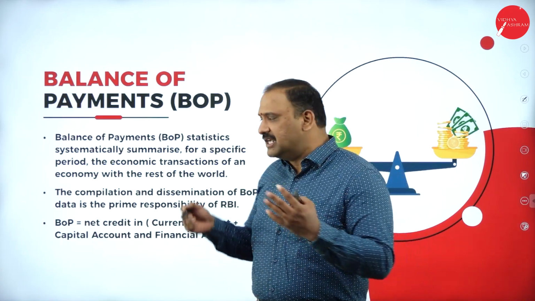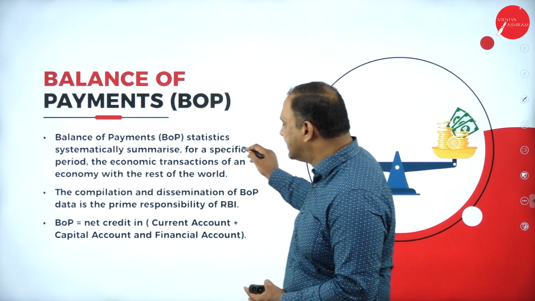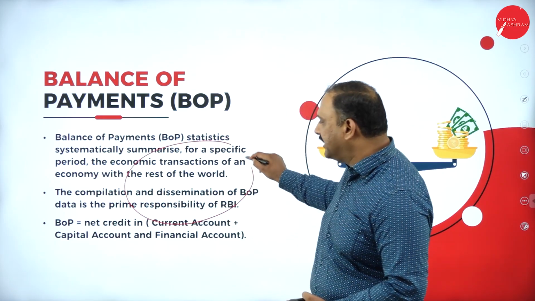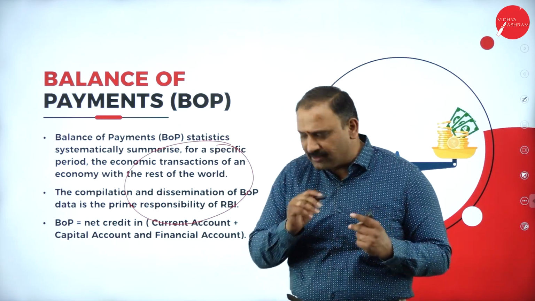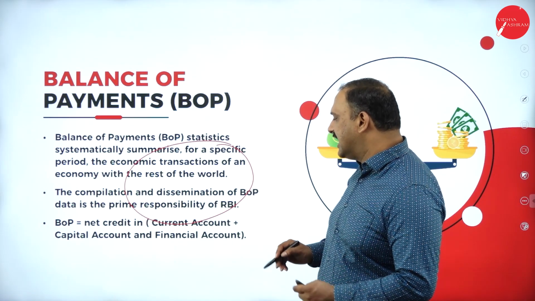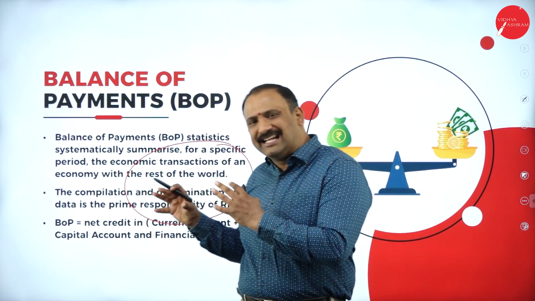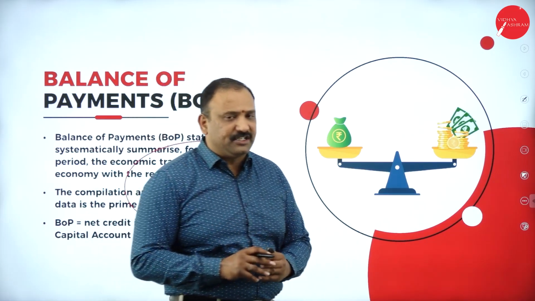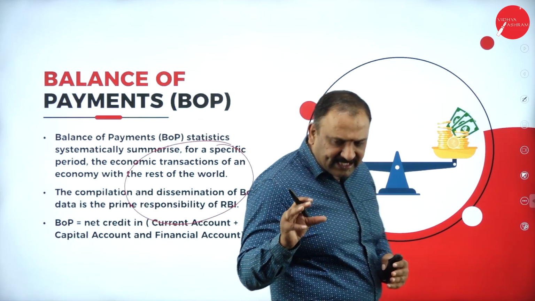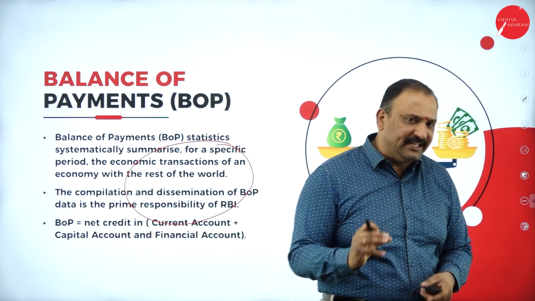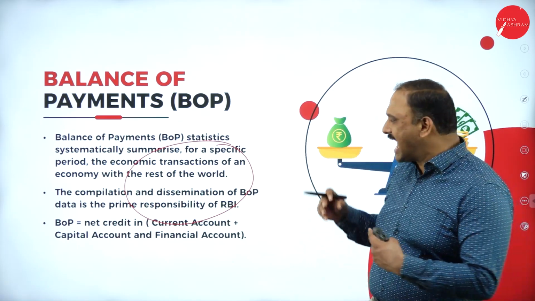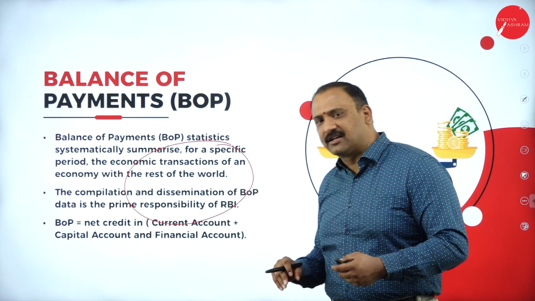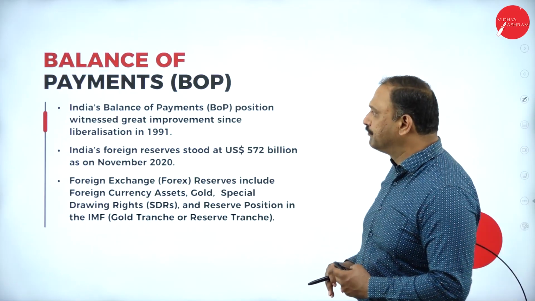The balance of payments, which is very important, statistically summarizes, for a specific period of time, the economic transactions with the rest of the world. And now we see that the balance of payments is actually favoring India. Of course, we do have a huge deficit in place, but as a growing country and a leader in exports, we will definitely make our country even stronger.